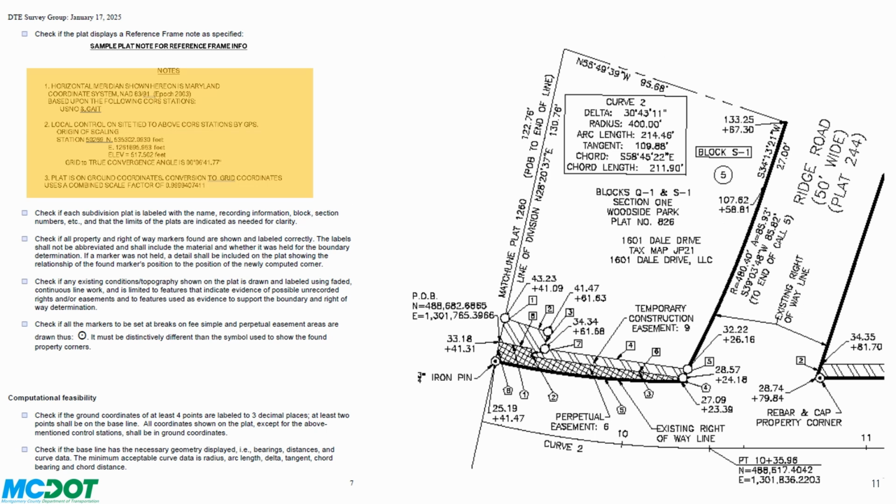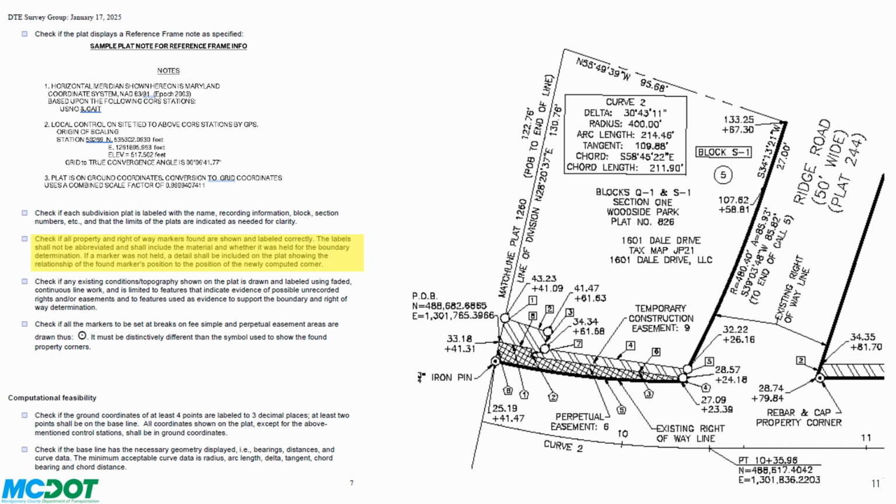A datum reference note is required by COMAR, coordinates for the origin point of scaling and the grid to true convergence angle. A combined scale factor is also necessary for all ground to grid coordinate transformation. We require that all plat coordinates be ground-based. Please reach out to the survey group if you have any questions regarding your plat's coordinate transformation.